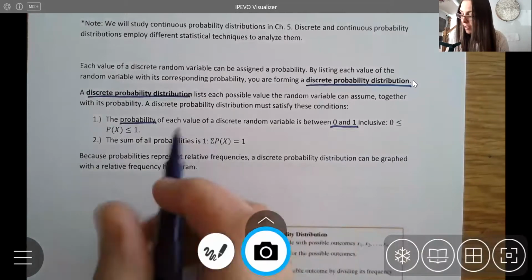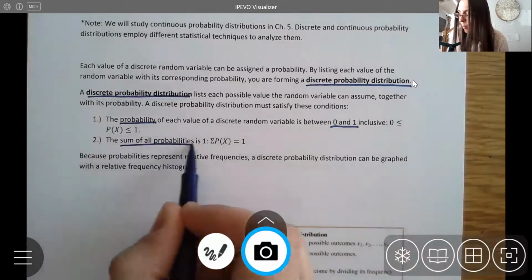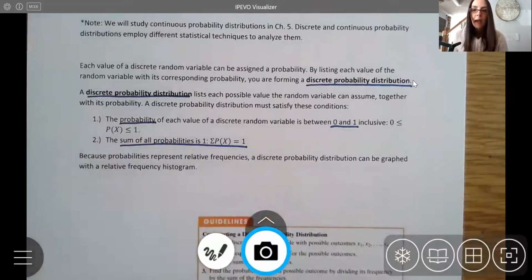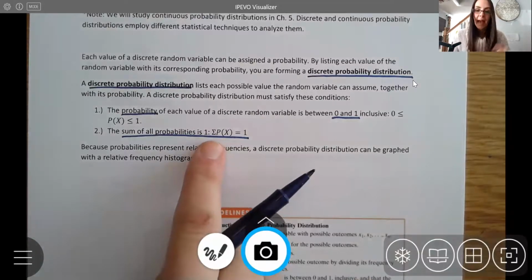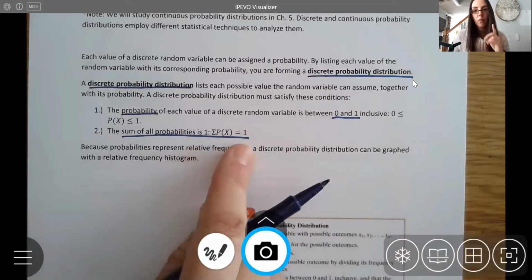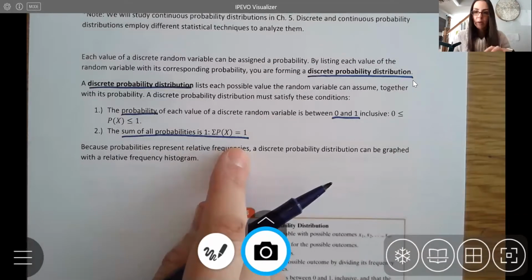And then the other thing here is that when we talk about all possible outcomes occurring, the sum of those probabilities has to be 1. So you have to get that full 100% of everything that could happen. So when we add up our probabilities, we should get the value of 1, meaning that we have accounted for every single possibility, right? That full 100% is accounted for. It's going to add up to 1.